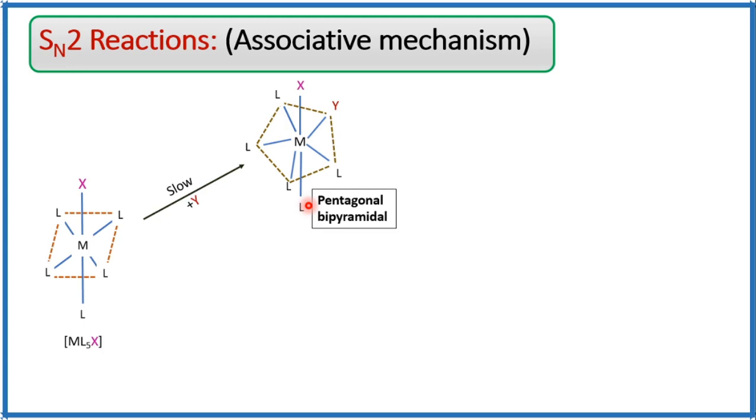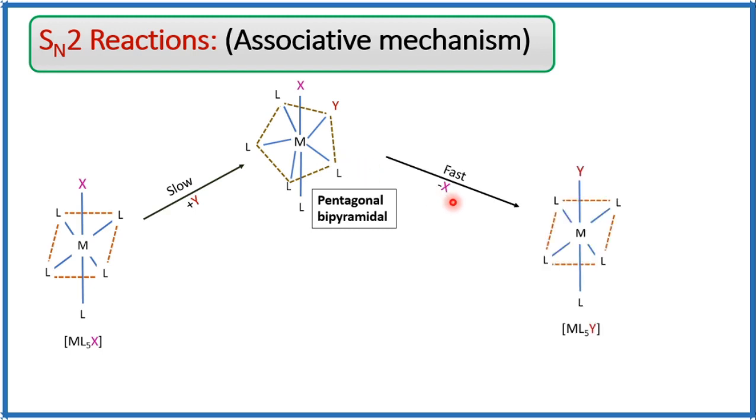Therefore, we are calling it a bipyramid. And there are 1, 2, 3, 4, 5 ligands in one plane, so it's just like a pentagonal bipyramidal structure. This structure loses X to give the octahedral complex ML5Y. The only difference between ML5X and ML5Y is that in place of X, Y has replaced it.